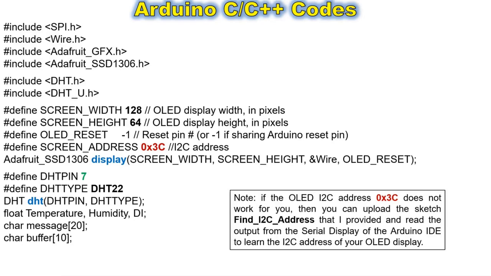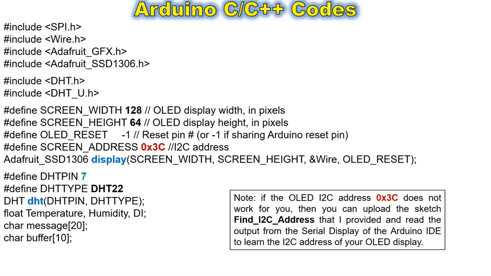Next, we read some defined directives such as the screen width of the OLED, which is 128 pixels. The screen height is 64. The screen address assigned by default is the hexadecimal 0x3C. The default I2C address of the OLED display is 0x3C.